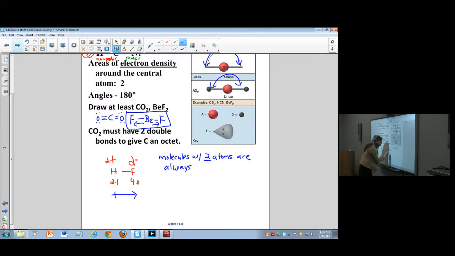So, for example, the hydroxide ion, OH minus, has 8 electrons, and you end up drawing it to look like this. It is an ion, so in this case, this is partially negative and this is partially positive, and we would indicate that the electrons are getting pulled towards that oxygen. But either way, this is a 180-degree angle, and it's just linear.